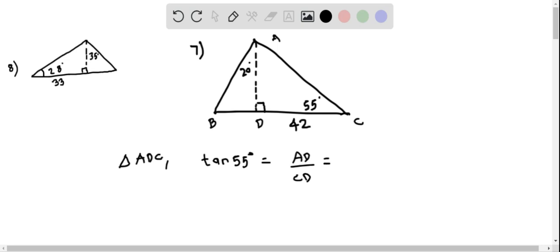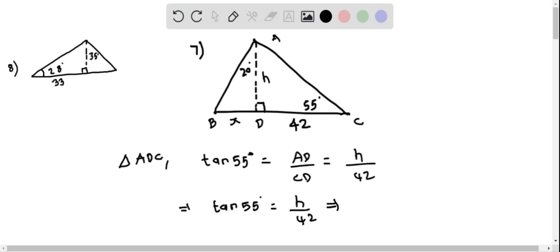So let's plug in AD. We know that AD is the height. Let's keep this as h, and let's say BD is x, and AD is basically the height of the triangle. So AD equals the height h over CD equal to 42. We get tangent 55 equals h over 42.